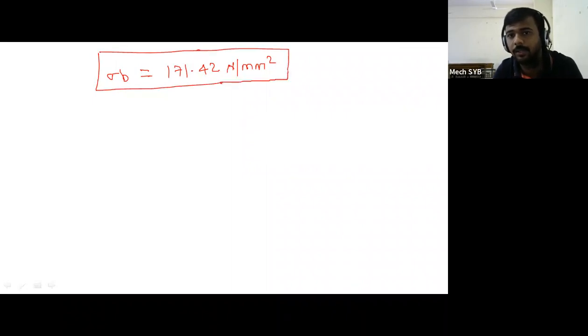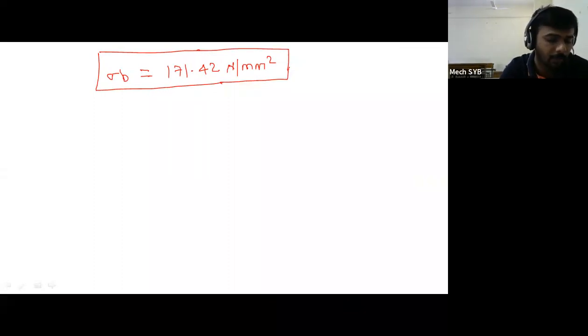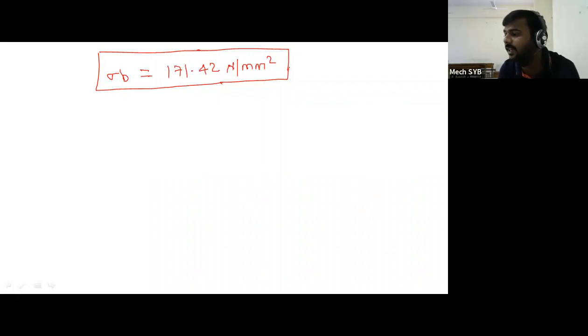So this will be your bending stress. Calculate the value 171.43 or 171.42, both answers will be accepted. So now this bending stress 171.42, where is it maximum?